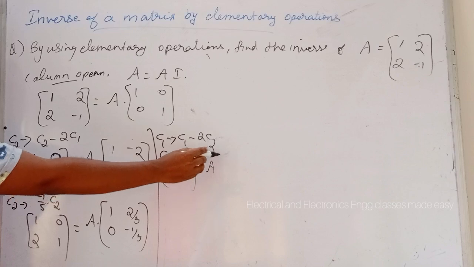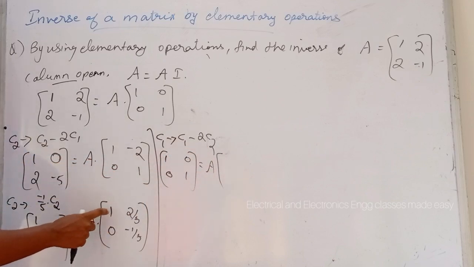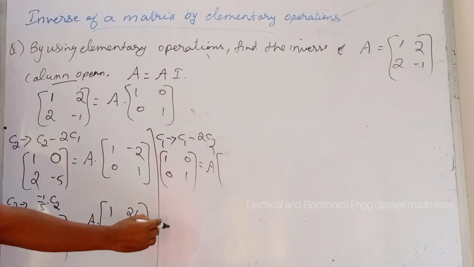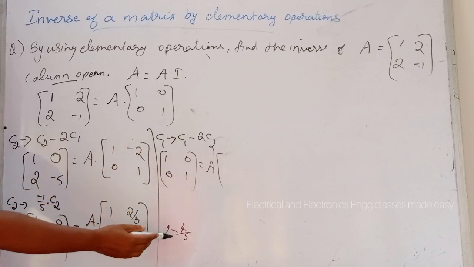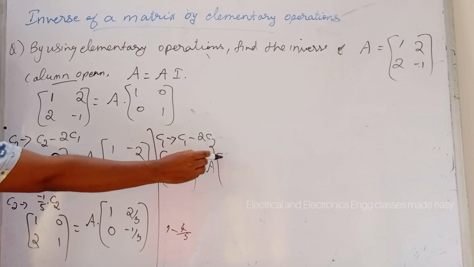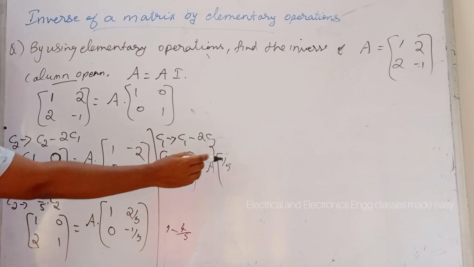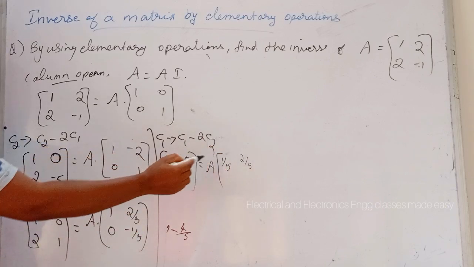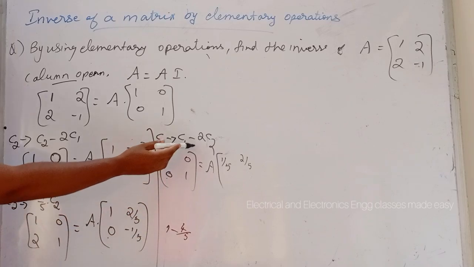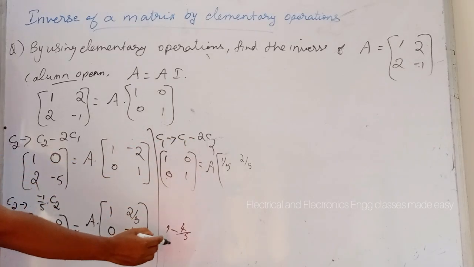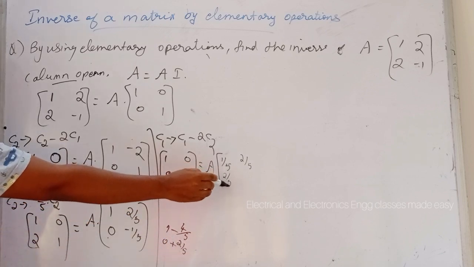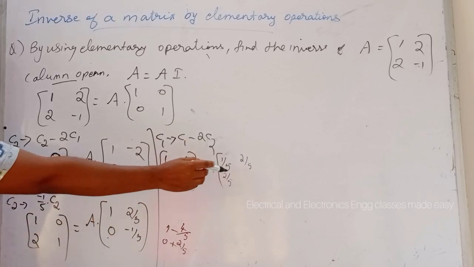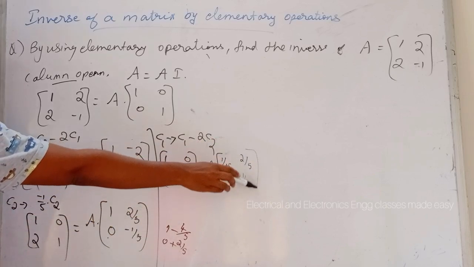then here this is A into, so first column this 1 minus 2 into C2. So 1 minus 4 by 5 is 1 by 5. Then next 2 by 5 here. Then next is 0 minus 2 into C2. So 0 minus 2 into, that is plus 2 by 5. So here we will get 2 by 5, and here minus 5 minus 1 by 5 is there.